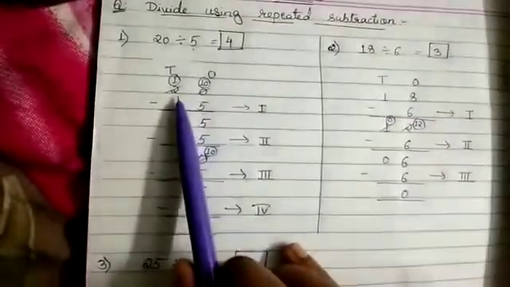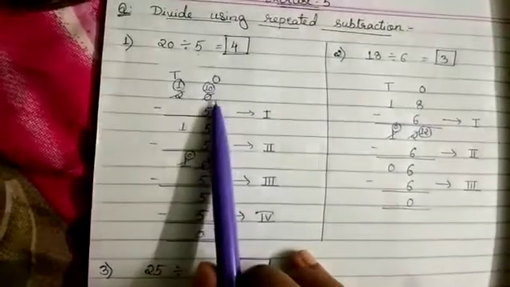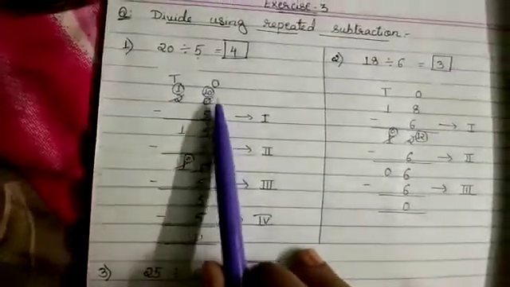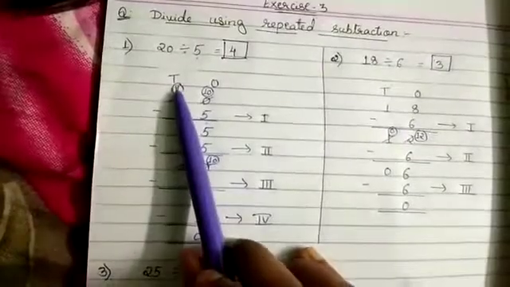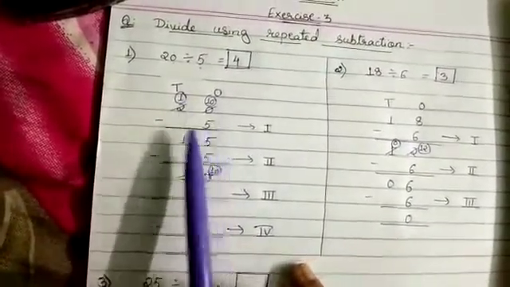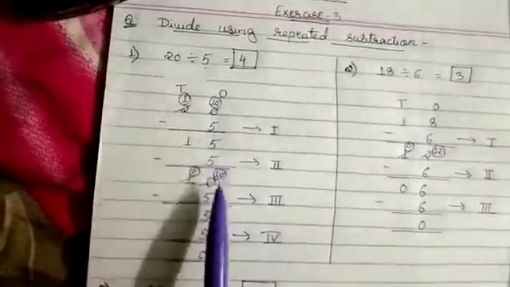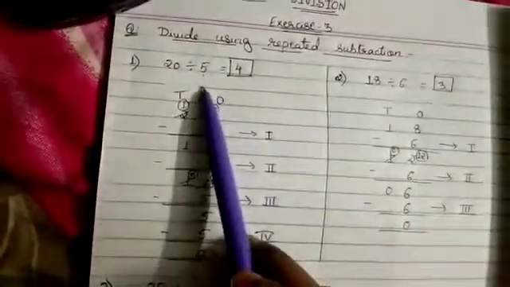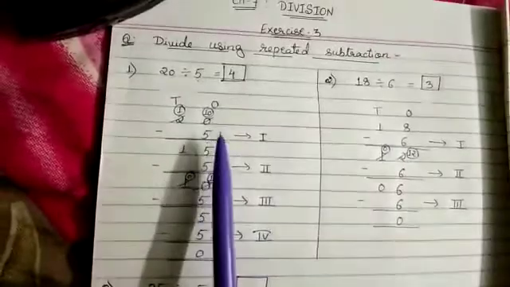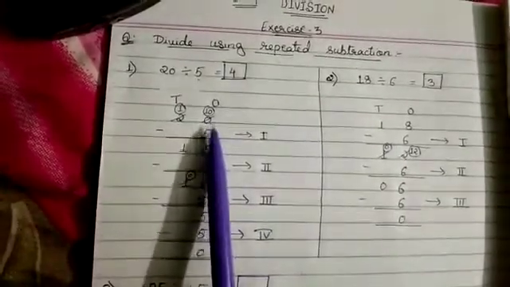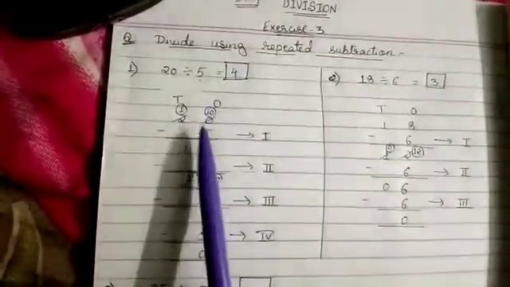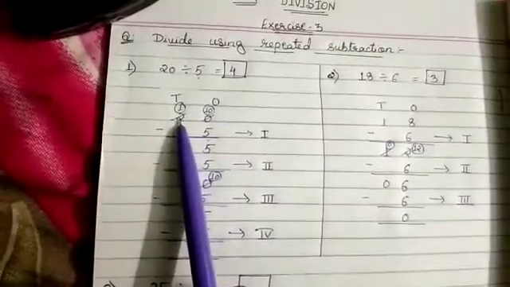So here first of all we have to write 20, and here 0 is in ones place and 2 is in tens place, and we have to reduce this number by 5 until and unless 0 will not come. So here first of all 0 is less than 5, that means we have to take borrow from 2.